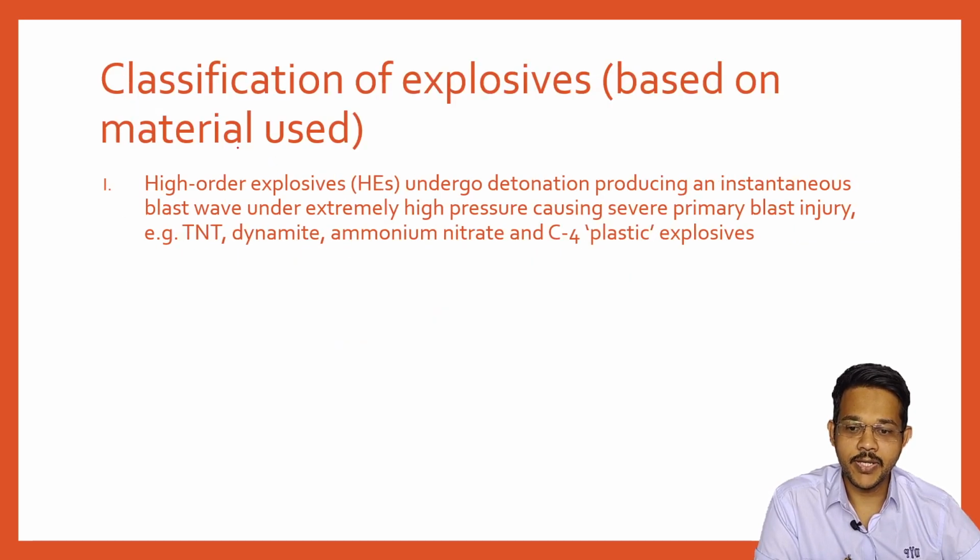Based on the materials used, explosives are divided into high order explosives, or HEs, and low order explosives. High order explosives undergo detonation, producing an instantaneous blast wave under extremely high pressure, causing severe blast injuries. Examples are TNT, dynamite, ammonium nitrate, and C4 plastic explosives.